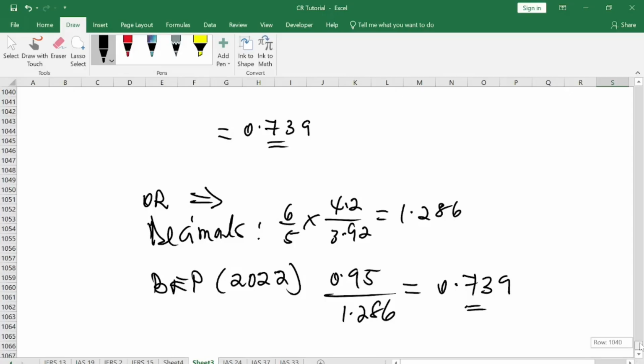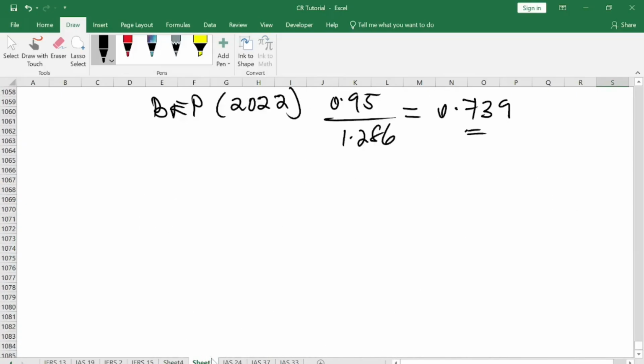So we are done with the restatement. We will have our 2022 here, 2023 here. Basic earning per share will be 0.739 for 2022 and 1.02 for 2023. Good. So that is it about the restatement.